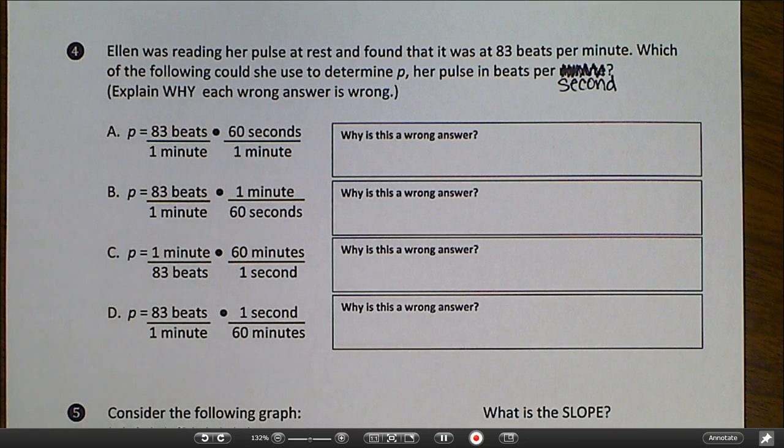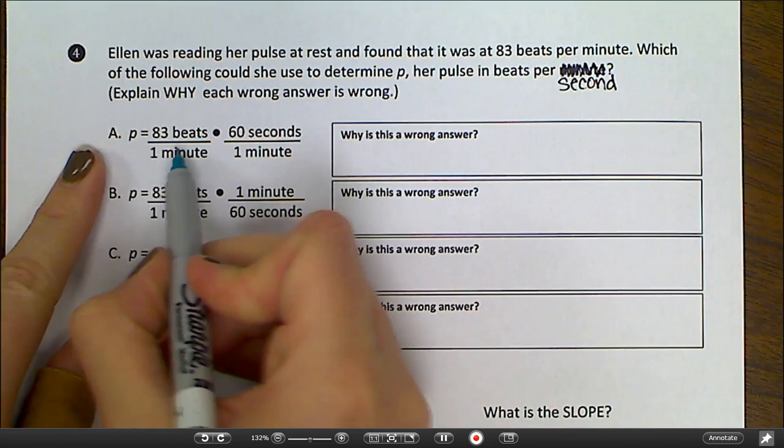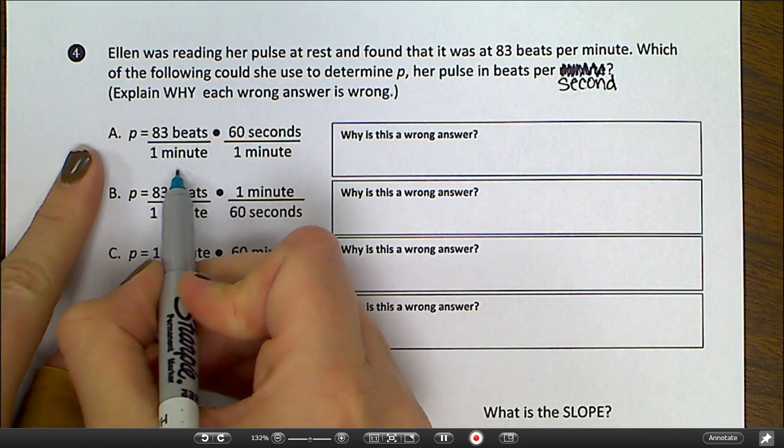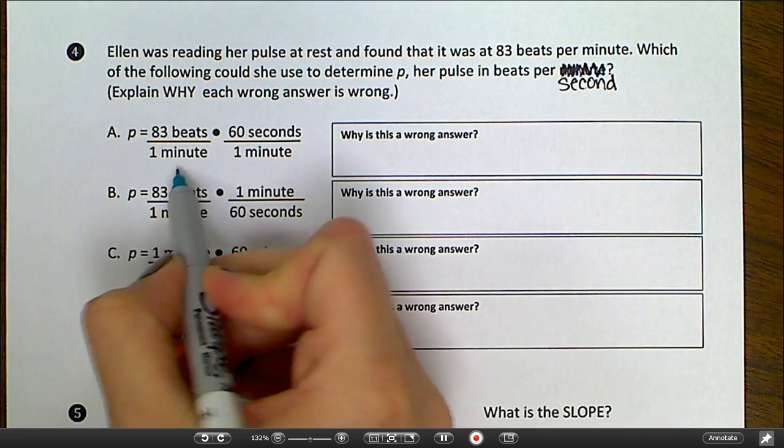The first thing I want to do is write down my beats per minute. Okay, so I want to write down 83 beats per minute. So let's see what we can get rid of here. Here I have 83 beats per minute. Okay, so we're going to leave that one alone.